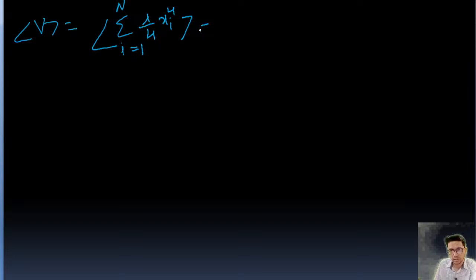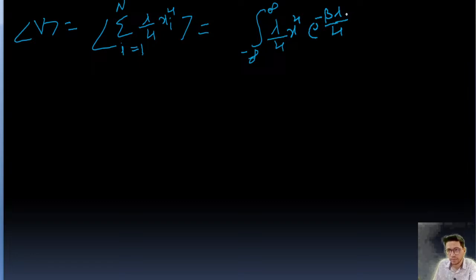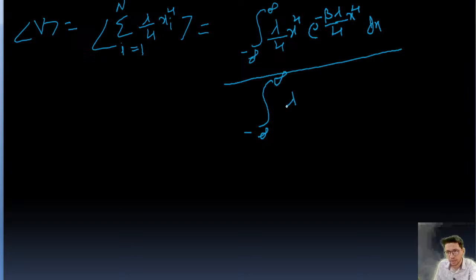This average is going to be the integral from minus infinity to plus infinity of lambda by 4 x to the power 4 times e to the power minus beta lambda by 4 x to the power 4, divided by the integral from minus infinity to plus infinity of e to the power minus beta lambda by 4 x to the power 4 dx. This is the energy of this part, the potential energy.